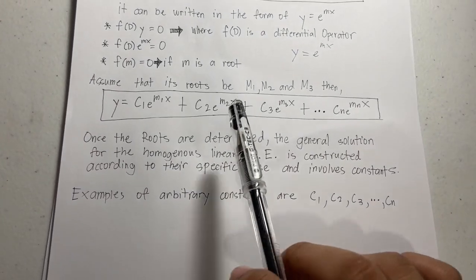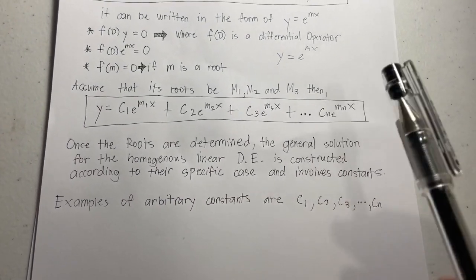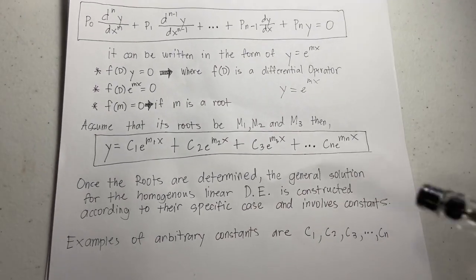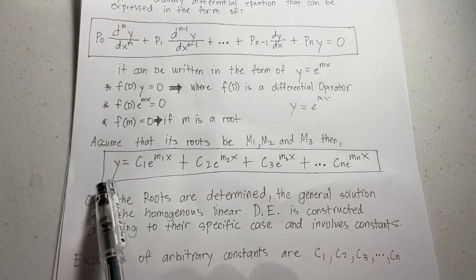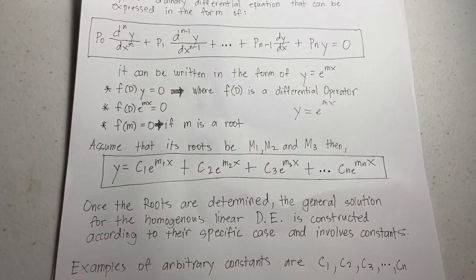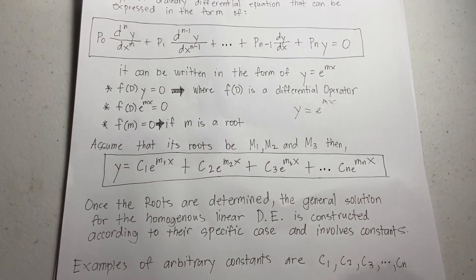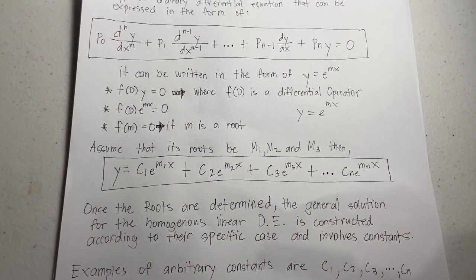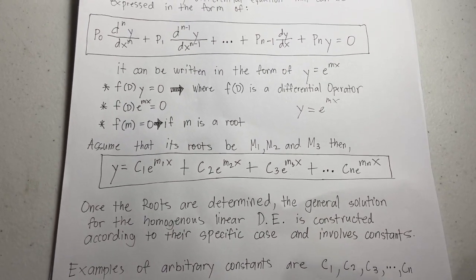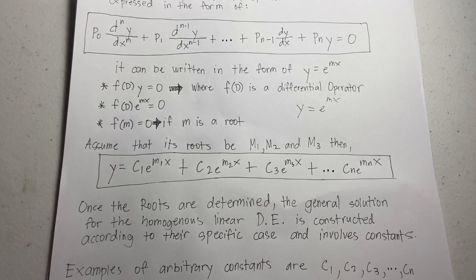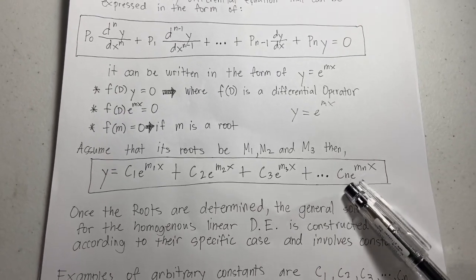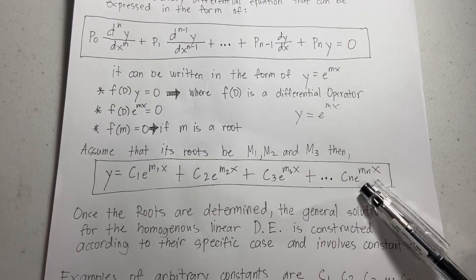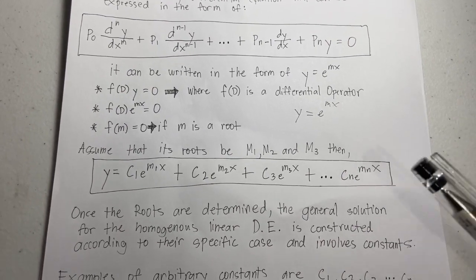Assume that the roots can be m1, m2, and m3. Then you can have this general formula, which is y equals c1 e^(m1 x) plus c2 e^(m2 x) plus c3 e^(m3 x) and so on until you go to cn e^(mn x).